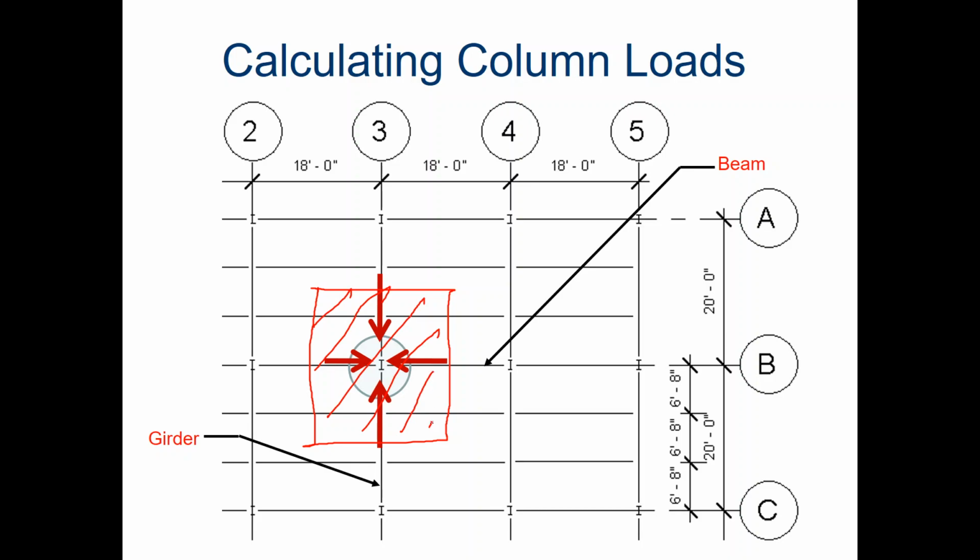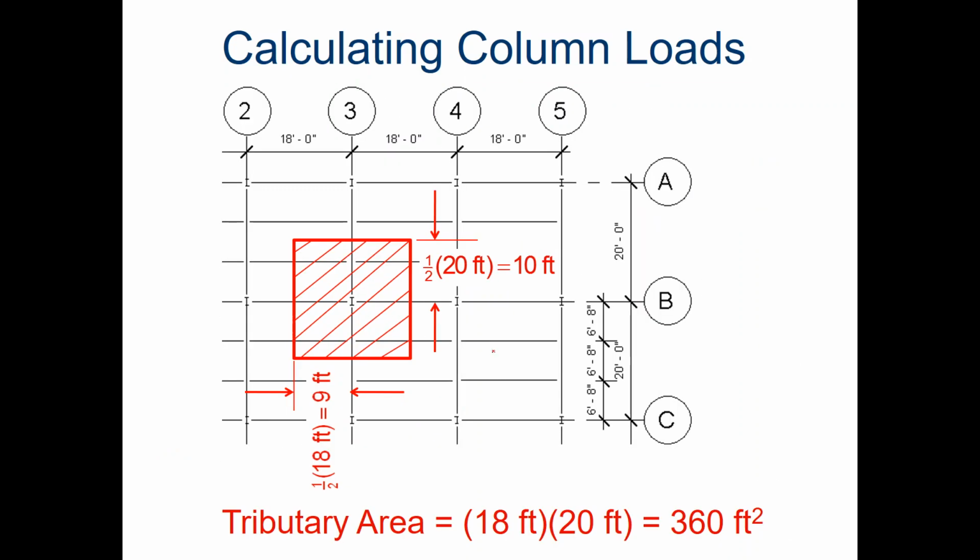So that column is responsible for supporting that whole section of floor, along with those parts of the beams and the girders and the whole mess that's up on top of that column there, floor, beams, girders, that falls within this area here. So that would be the tributary area of the column. And the dimensions are pretty straightforward to figure out if you have the dimensions of the building.